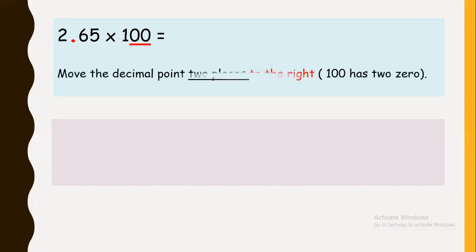Now, let's take another example. 2 and 65 hundredths times 100. How many zeros does 100 have? It has 2 zeros. So move the decimal point 2 places to the right because the 100 has 2 zeros.